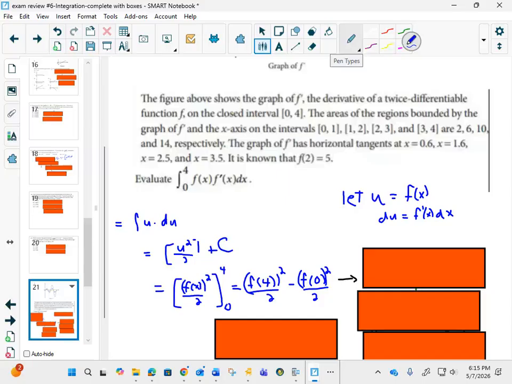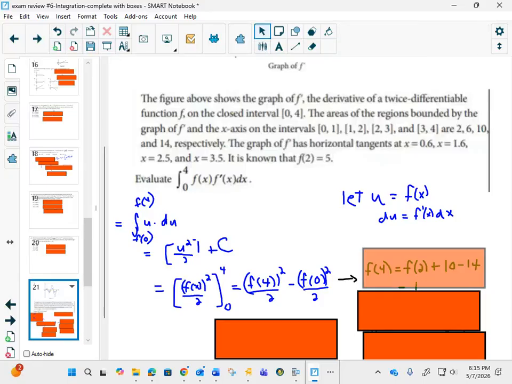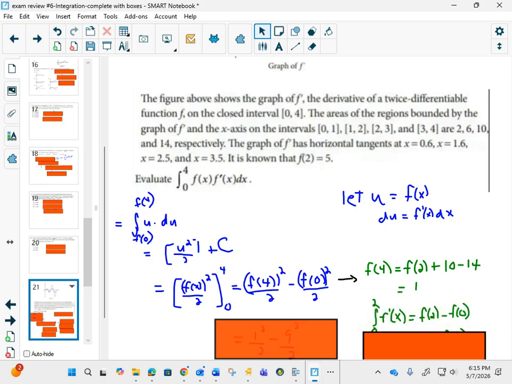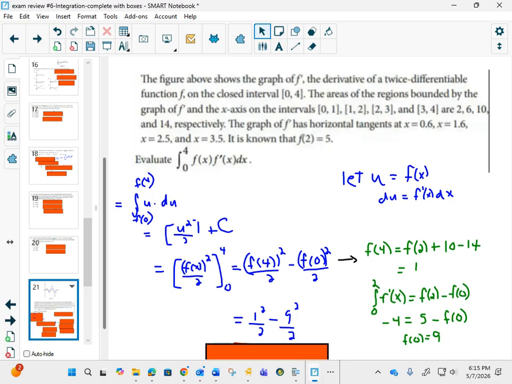Or, technically, I could have also done this and not been wrong. But instead of 0 here, I could put f of 0, and instead of 4 here, I put f of 4. That also would be okay. But once you substitute back, we can go back to the 4 and the 0. Those values are all given to us.